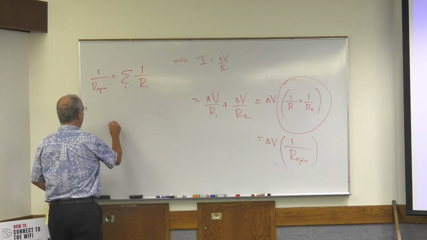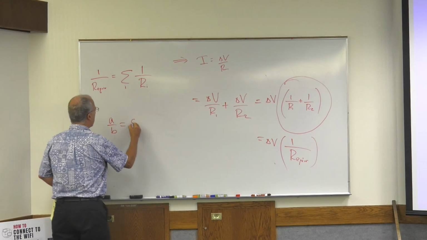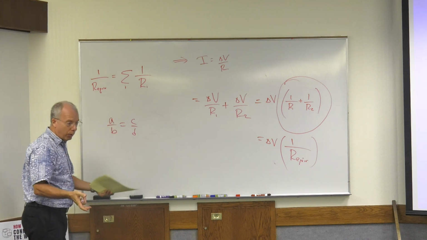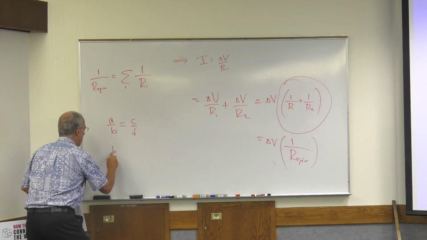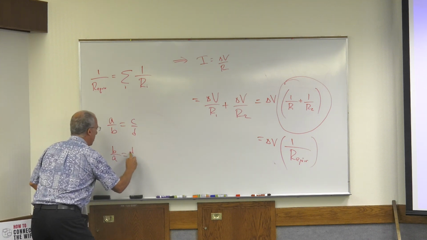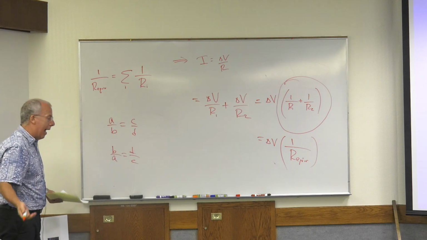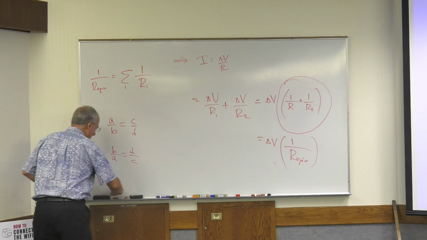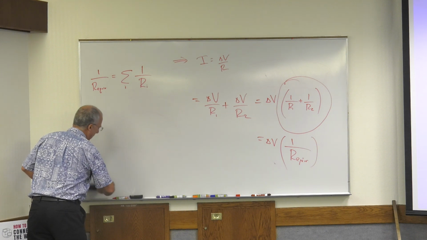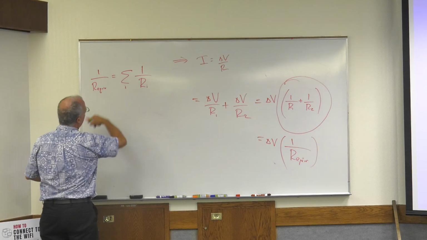If you have A over B equals C over D, then you can flip both sides. So you can have B over A equals D over C, right? That's just good old algebra, just flip both sides. So let's look at this and flip both sides.